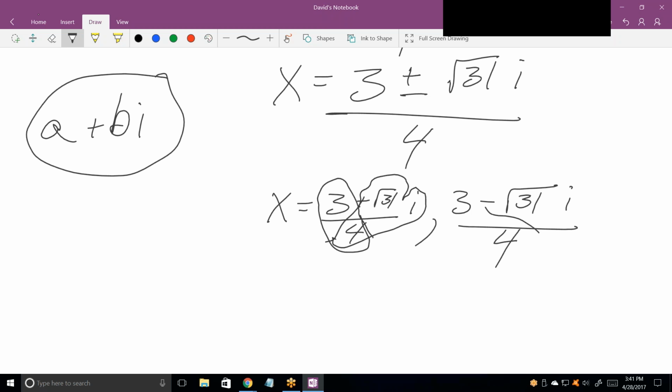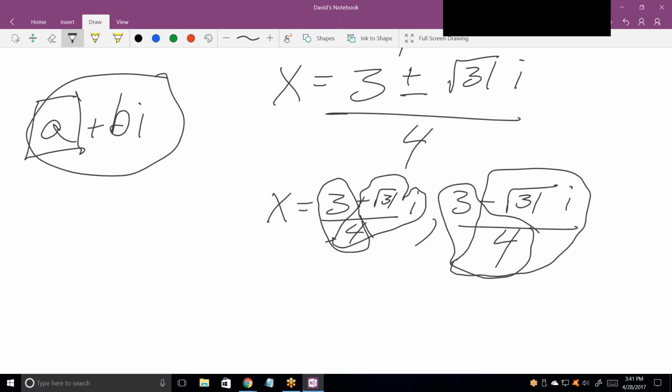And this one is 3 over 4 minus root 31 over 4I. In other words, you want a real part and you want an imaginary part. So this would be 3/4 plus root 31 over 4I, where A is 3/4, B is that.